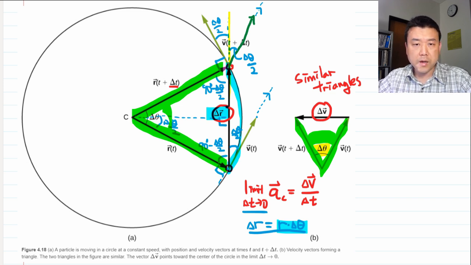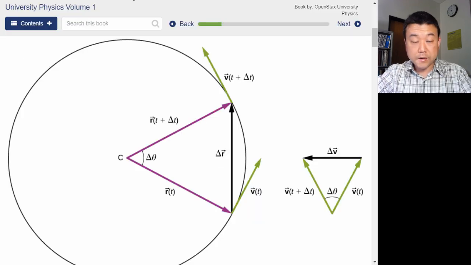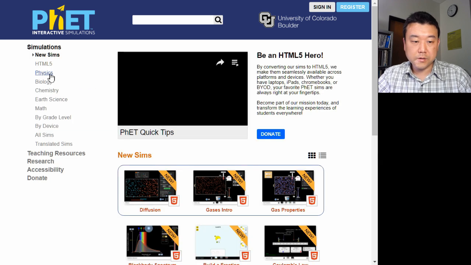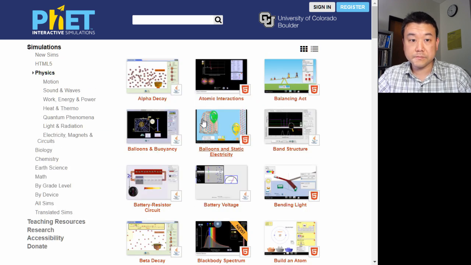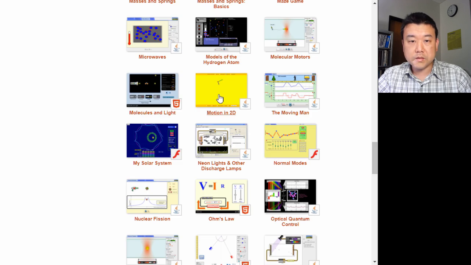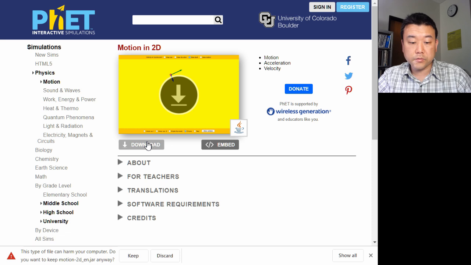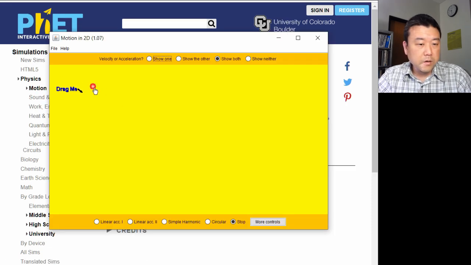Finally, I want to point out one resource to help you start developing intuition for centripetal acceleration. This is a website you have seen before, PHYS, and the simulation is called Motion in 2D. It's a Java simulation, so you need to have Java installed in order to run it. The simulation does more than just circular motion.